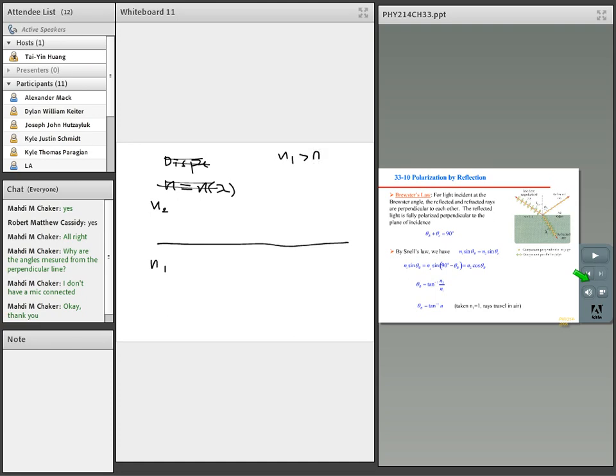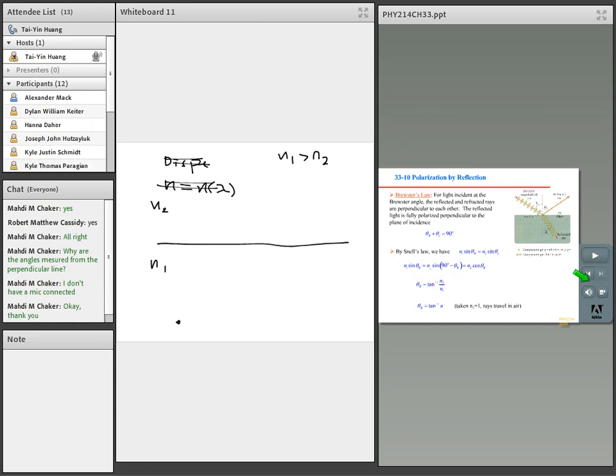All right, so what does that mean? It means that now, let's say we have a light source placed in this second medium, in the N1 material, and this light source is going to produce light in all directions. We want to follow the light rays to see how they behave when they strike the interface.